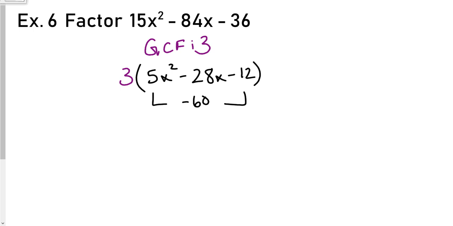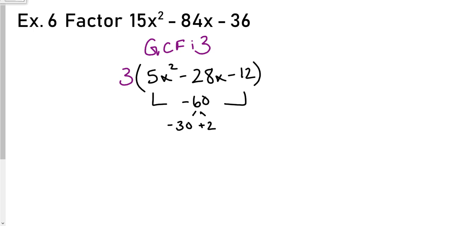Okay, so we're trying to think of factors of negative 60 that will get you a negative 28. If you think about it, you should come up with 30 and 2. Those are factors of 60 that'll get you to 28. So one of them is going to be 30. The other one is going to be 2. But because it's negative 60, one of those two factors is going to have to be negative. We're going to need it to be negative 30 and then positive 2.